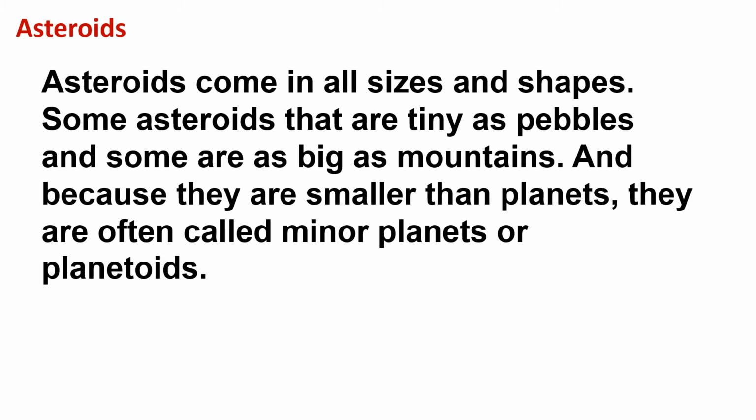Class, the most watched asteroids are the near-Earth asteroids, or NEA. They are the most watched because there is a real possibility of one of them colliding with Earth, since their orbits pass close to the Earth.